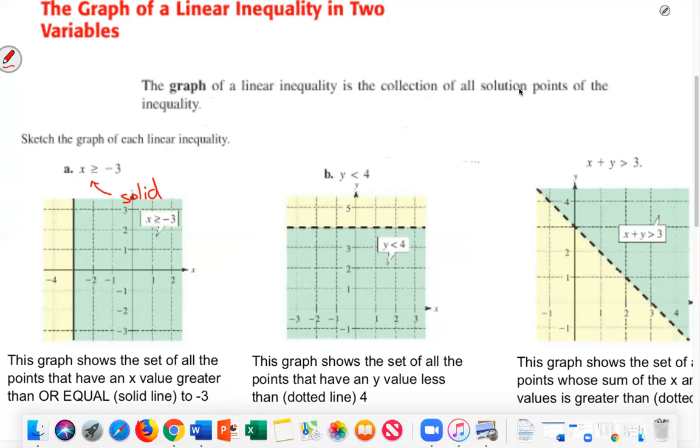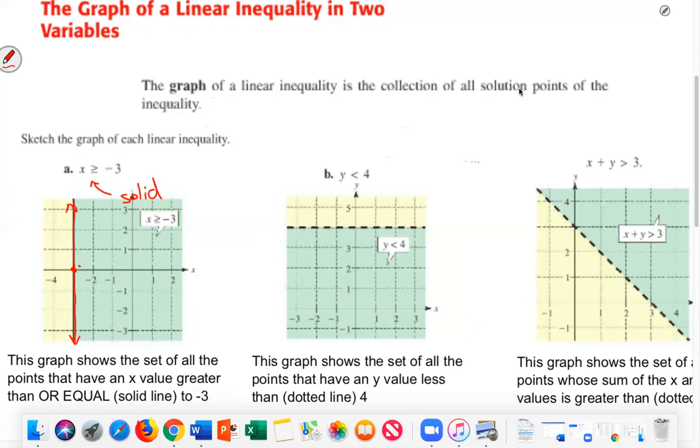It has the line under it. Now, I'm going to go to where x is -3. It's right there, and it's going to be a solid line. We know x equals a number is a vertical line. So I'm going to draw a vertical solid line right there.